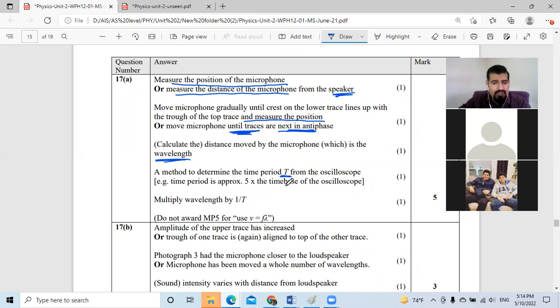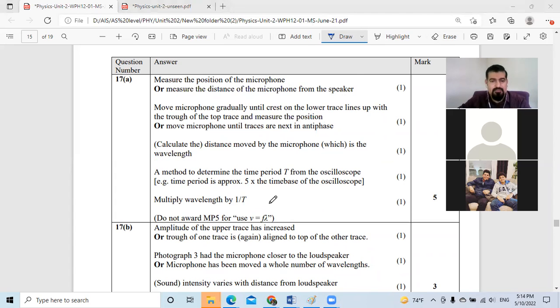So multiply the wavelength by 1 over period. Do not award a mark for using frequency. If I mention frequency instead of period, saying frequency is the inverse of the period, and then use this formula, I am correct, of course. I am accurate, I don't follow the mark scheme, but it doesn't matter, right?